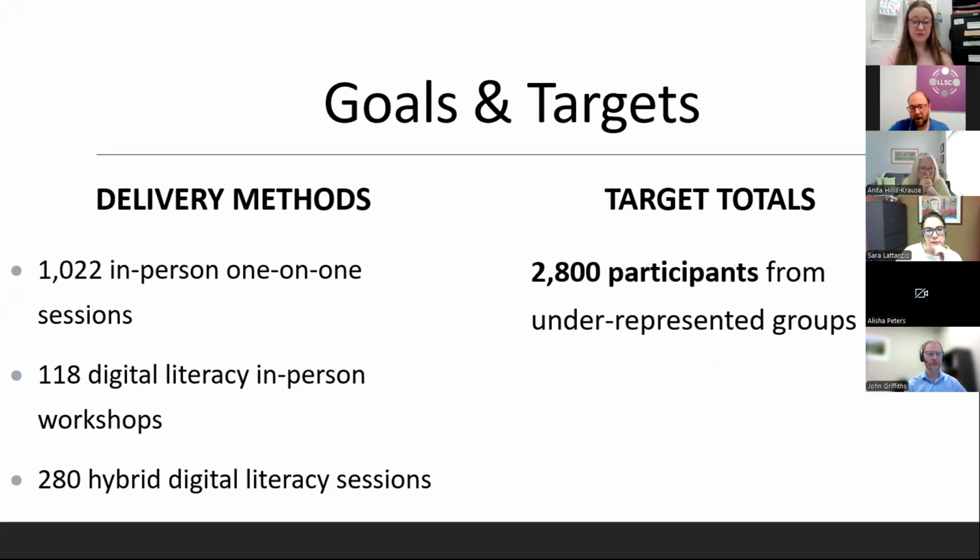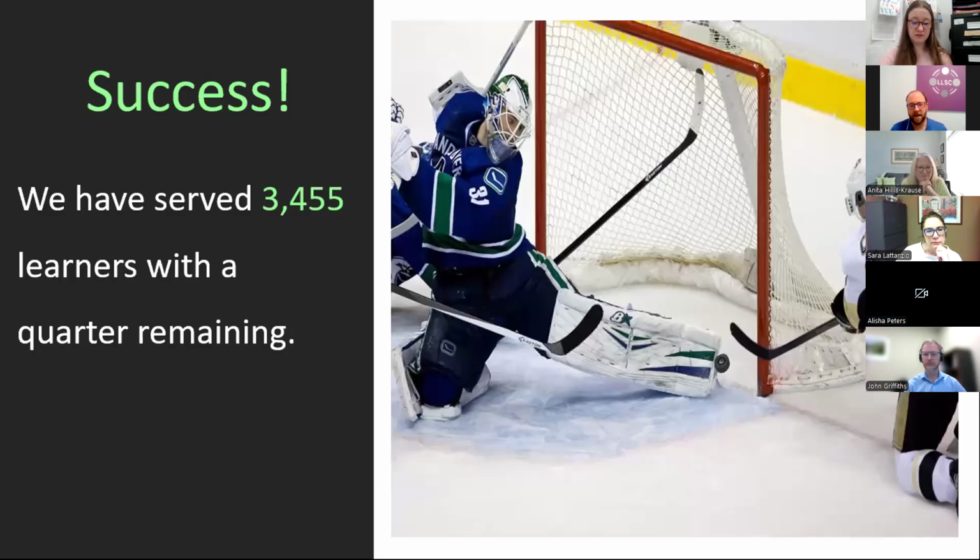We are awaiting the final numbers for the fourth quarter, but I can say with great pleasure that we have already served, through the end of the third quarter, 3,455 learners. So we have exceeded our target by a substantial amount.